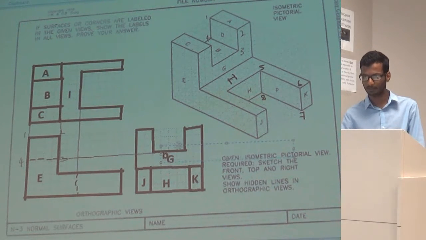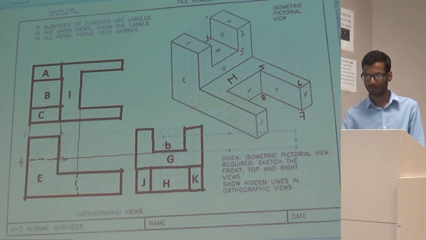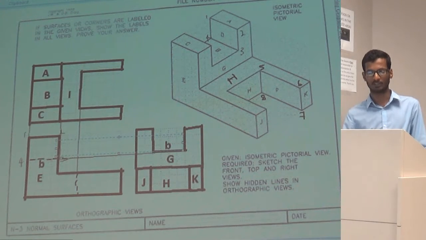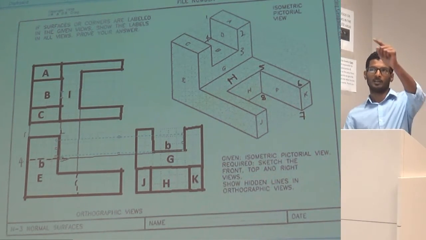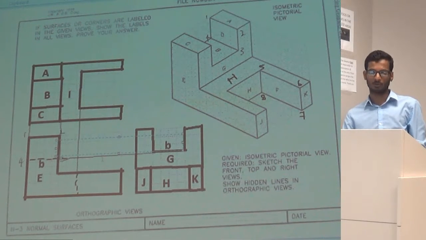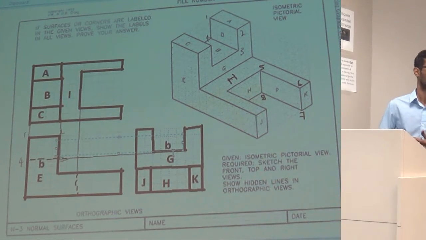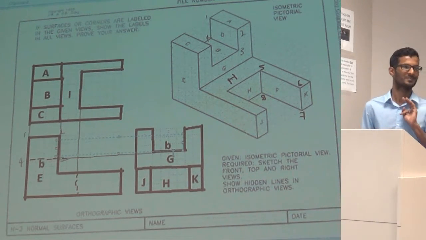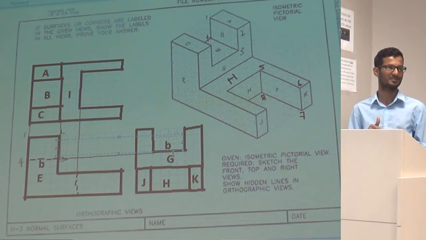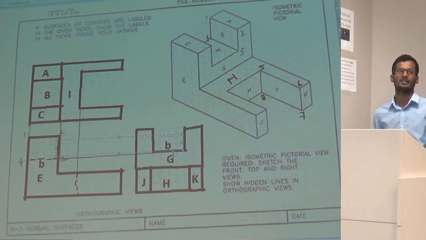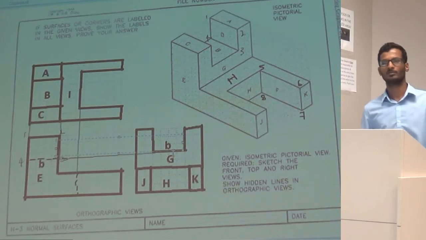That's surface B, that particular edge, and this edge will also be B. If you look at your normal surface table, if I see a surface in my top view, that would be a horizontal edge in the other two views. So this is my horizontal edge of that surface B, and that's my horizontal edge of the same surface B. Do you get the point? Okay. Thank you.